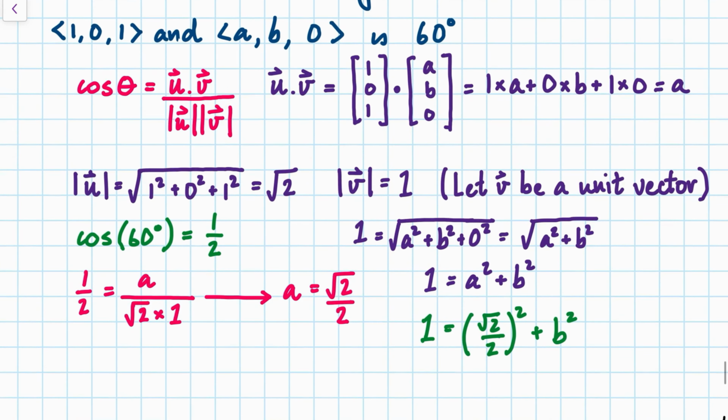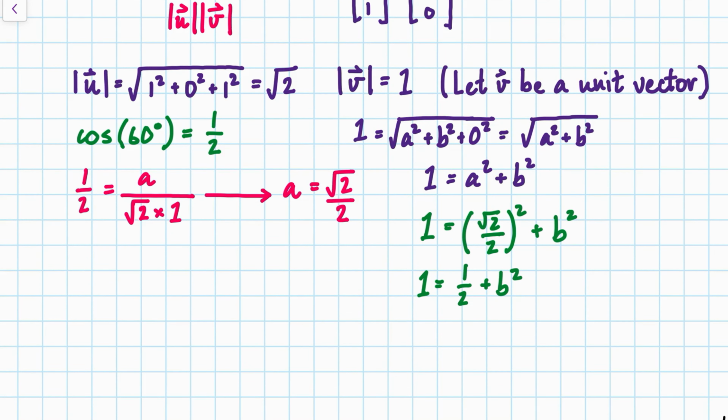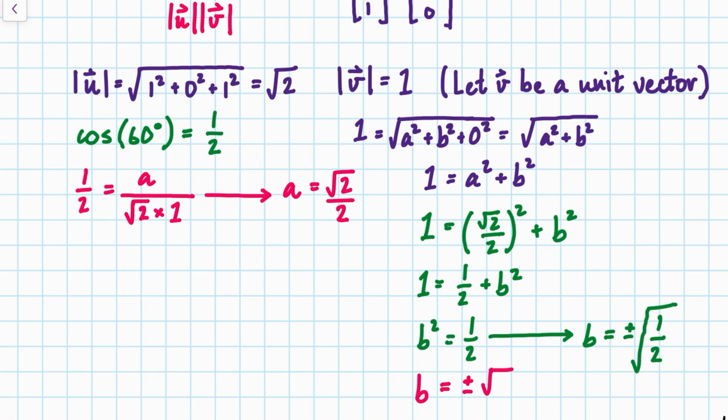So I can say that 1 is equal to 1 over 2 plus b squared, and b squared will be equal to 1 over 2, making b equal to plus or minus the square root of 1 over 2. So we can say that b is equal to plus or minus root 2 over 2. So there are our two solutions, guys, a and b.